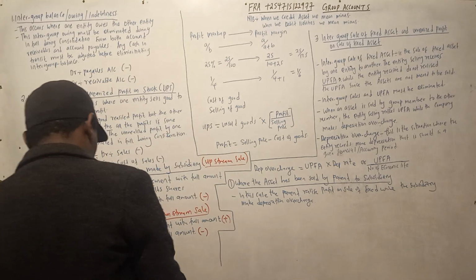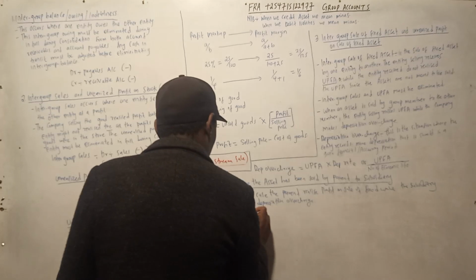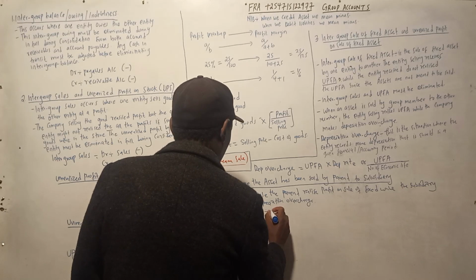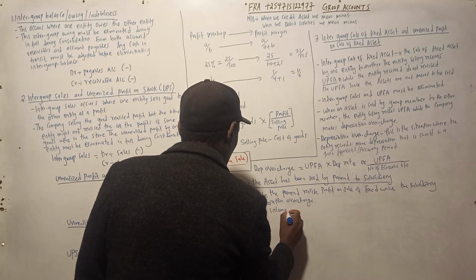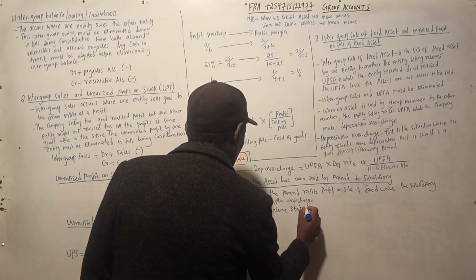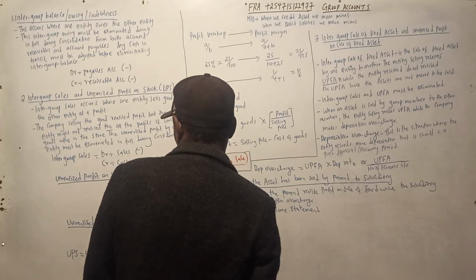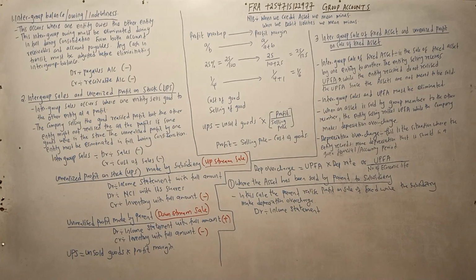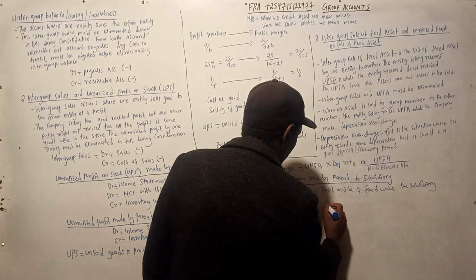So let us see the entries. We debit the income statement. And when I say we debit the income statement, sometimes I mean cost of sales, with the full amount.